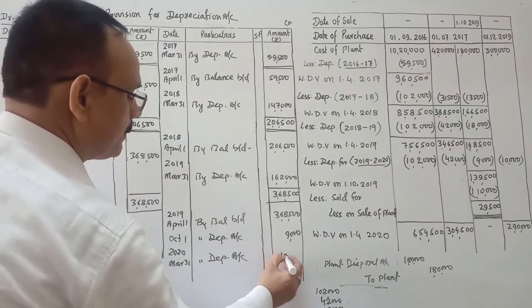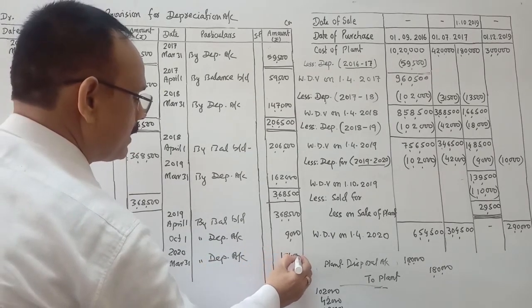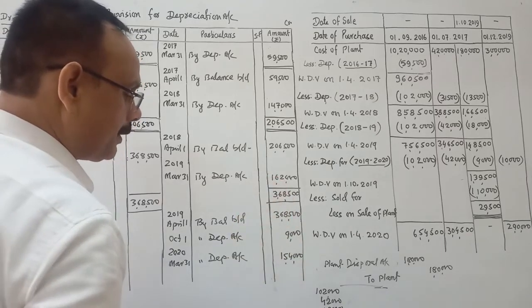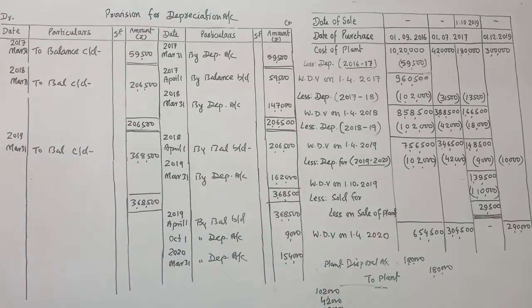The machine which is in our hand, 1,54,000. And the machine which was sold on 1st October 2019, this is very important, will be transferred to the plant disposal account.